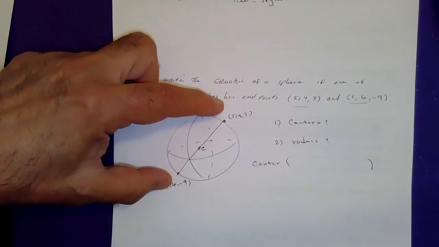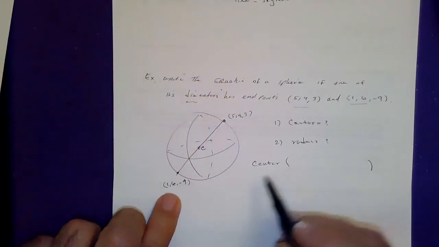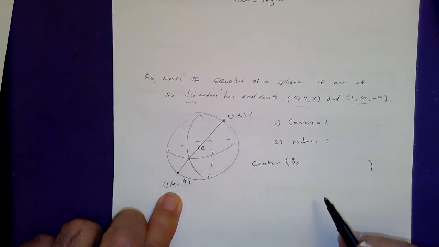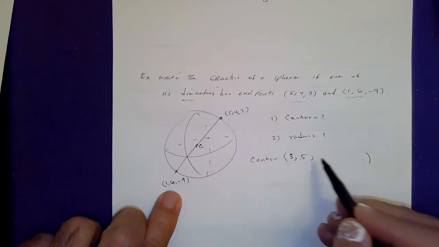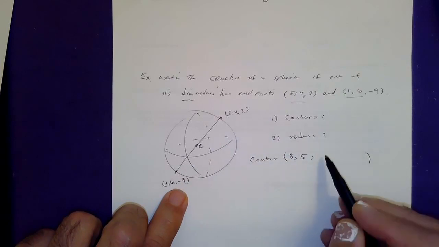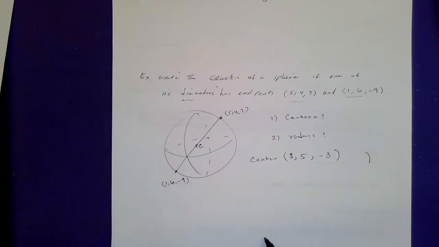So I find the average of the x's, the y's, and the z's. 1 plus 5 is 6, 6 divided by 2 is 3. 4 plus 6 is 10, 10 divided by 2 is 5. -9 plus 3 is -6, -6 divided by 2 is -3. There goes the center.